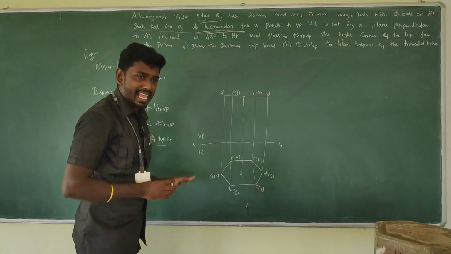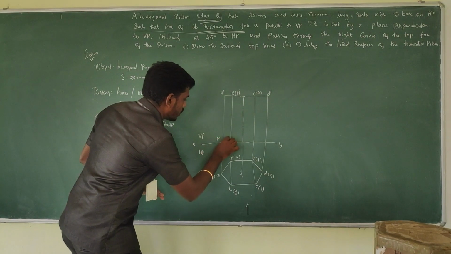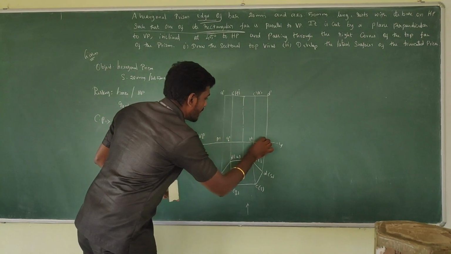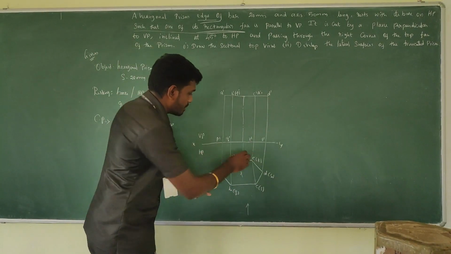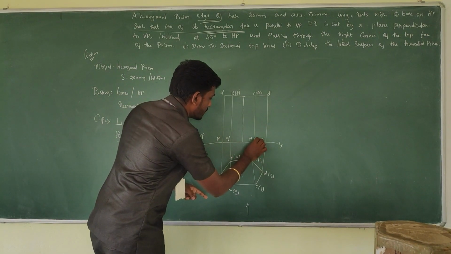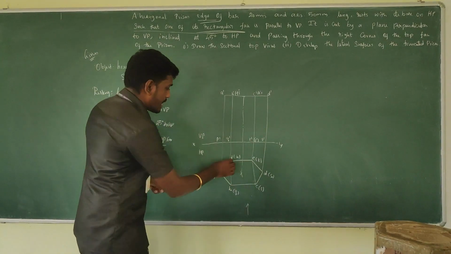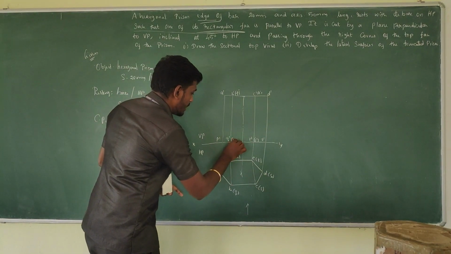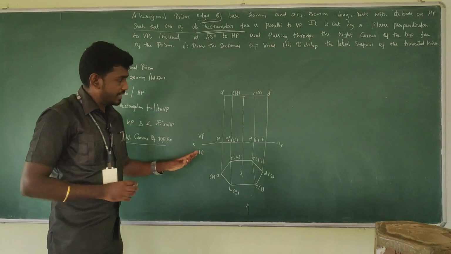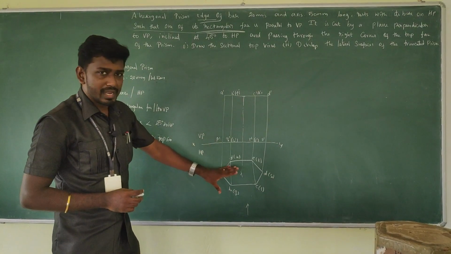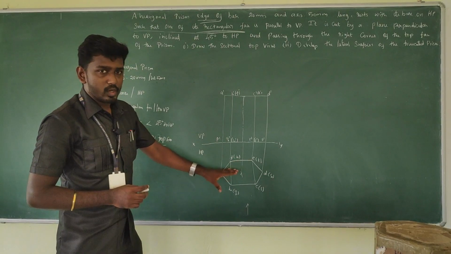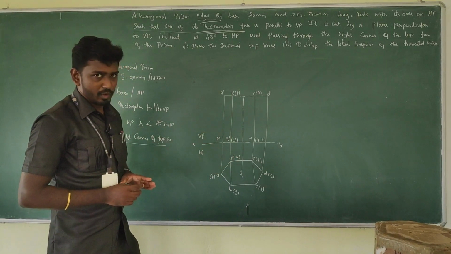P, Q, R and S are visible. What is invisible? T and U are invisible. Nearby R, T dash, and nearby Q, U dash, inside the bracket, are invisible. Now I have drawn the true shape in the top view and the front view.